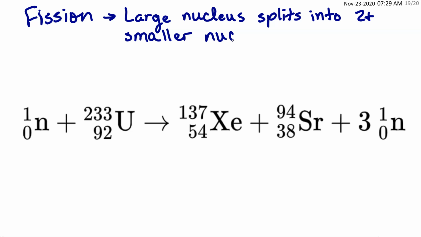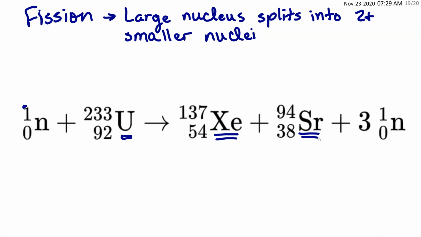However, we still obey all of our rules. Okay? In this case, the identity of the element goes from uranium to xenon and strontium. So we're still changing the identity of the element. However, we're splitting this very large element into smaller elements.